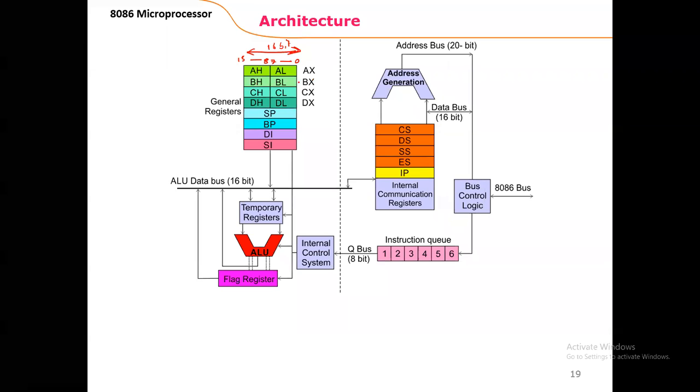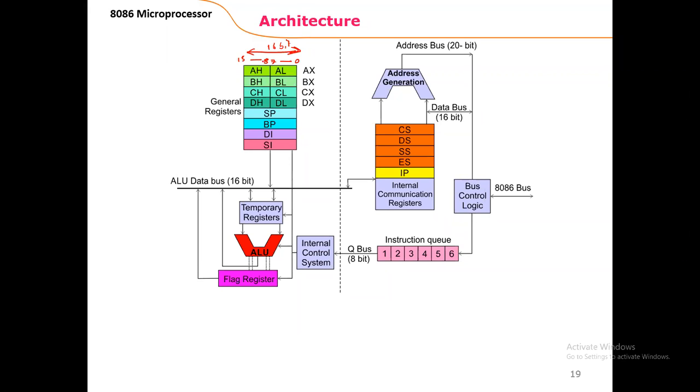So these four registers are 16-bit. Suppose we are using an assembly language program, a simple addition program. Suppose hexadecimal 19 plus A2.